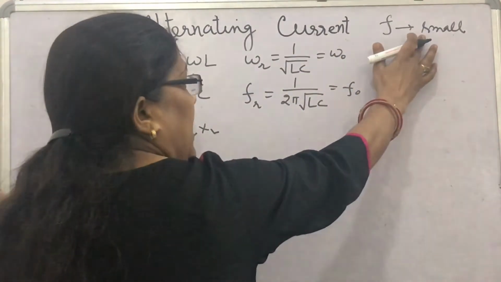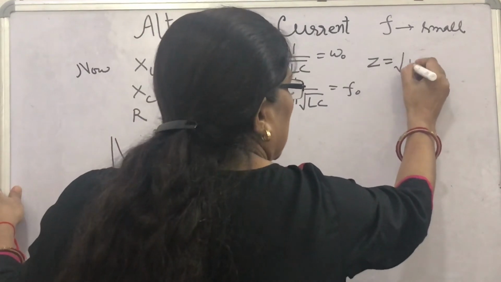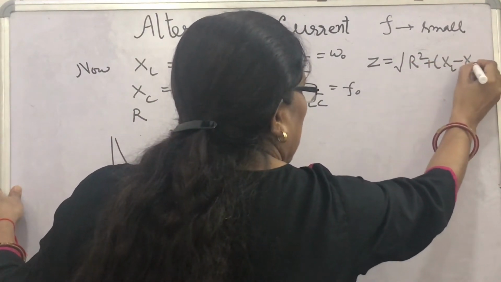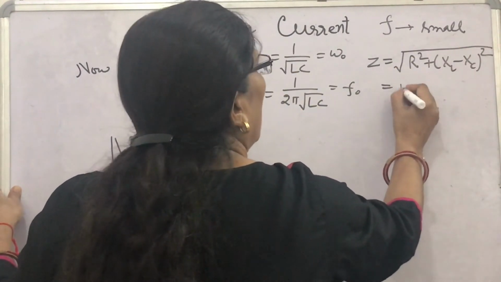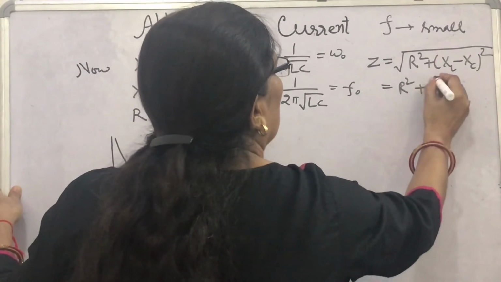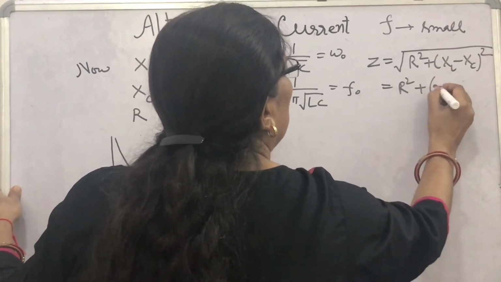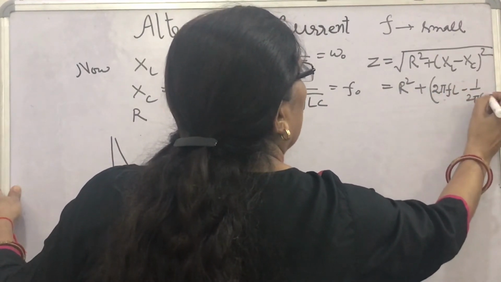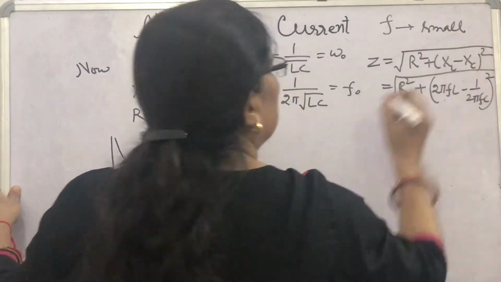For a small f, in the series LCR circuit, Z is the square root of XL minus XC whole square plus R square, or in terms of omega, 2 pi fL minus 1 upon 2 pi fC whole square plus R square.